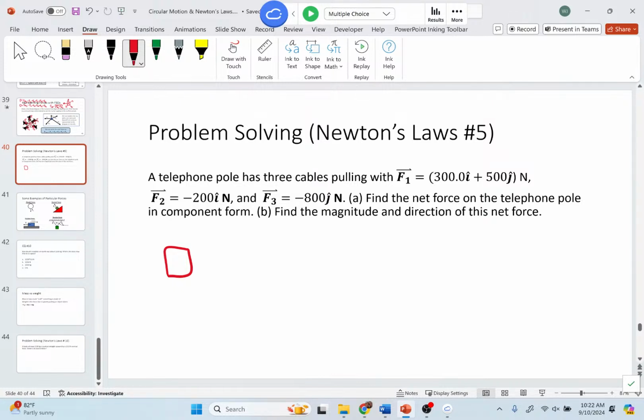No, we didn't. We got a box. Which way was that first one? Yeah, the box is the telephone pole. It's got 3 cables pulling on it. Nice. Yeah, it's good.